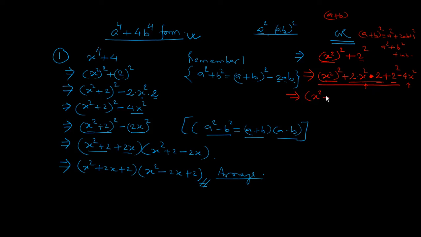From these three terms, simply you can write (x² + 2)². a² + 2ab + b² is (a + b)², minus 4x², which you can express as (2x)². Now we are at this step.